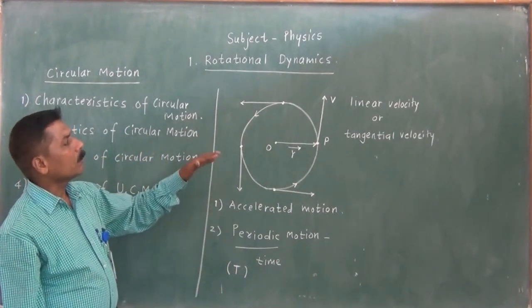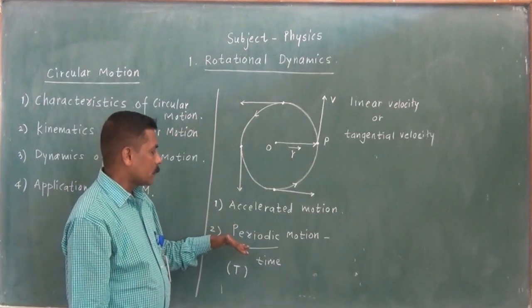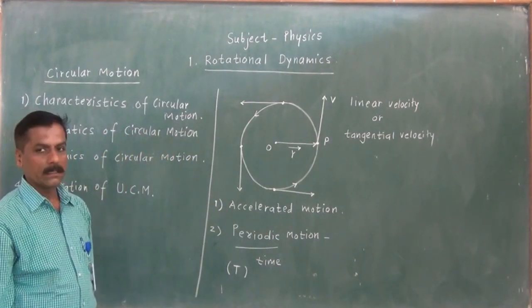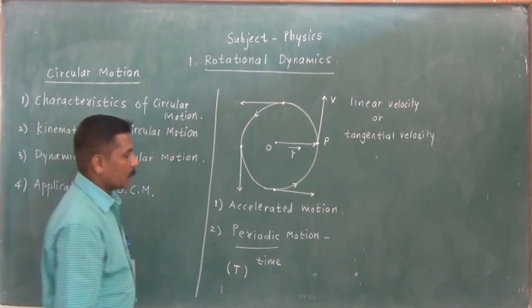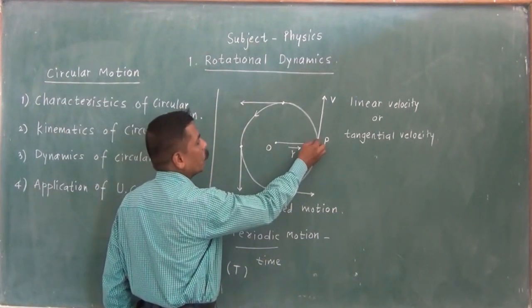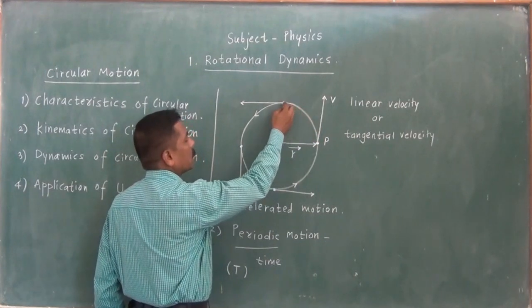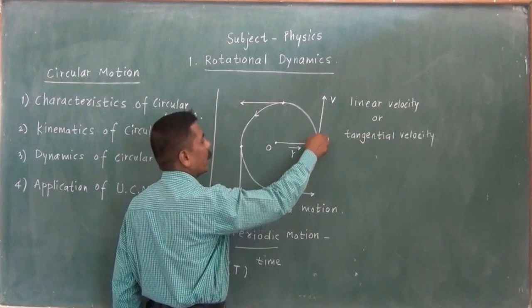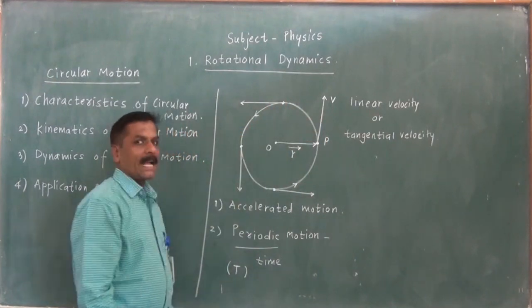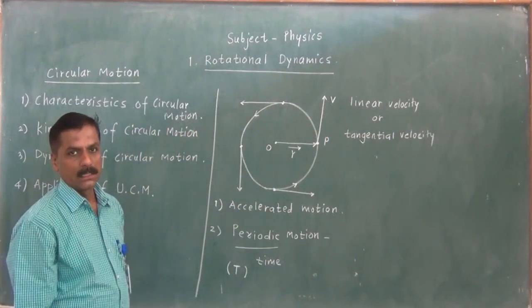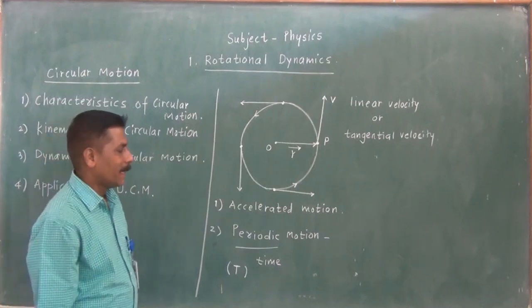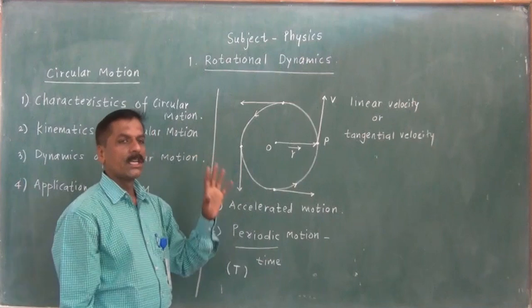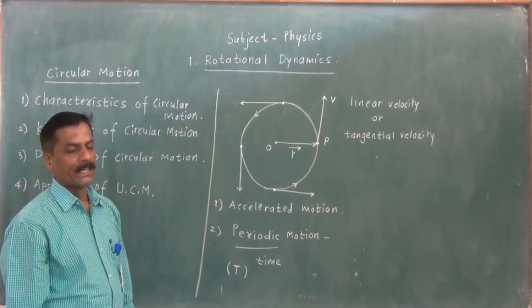So circular motion has this periodic motion. This is the second characteristic. It means the particle is moving along the same path again and again. The word trajectory is used in the textbook; trajectory means the route along which the particle is moving.